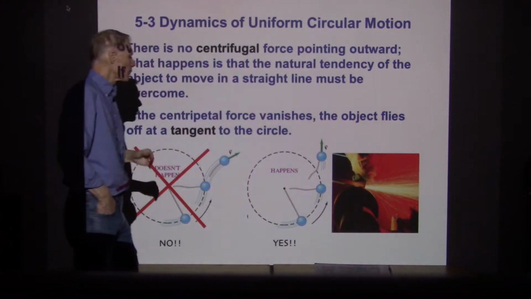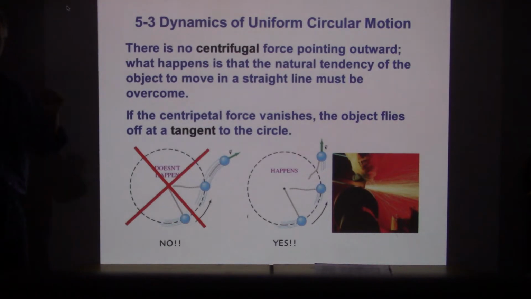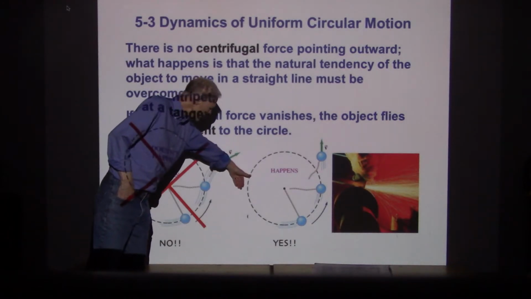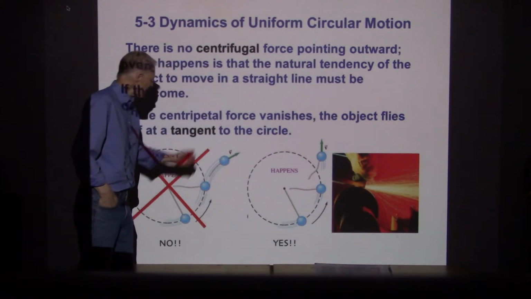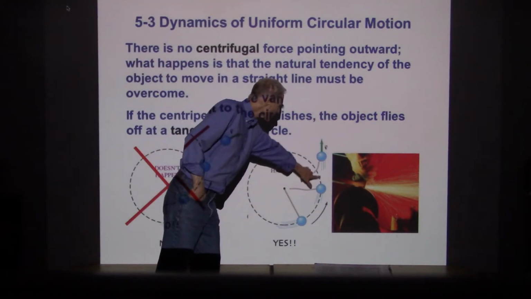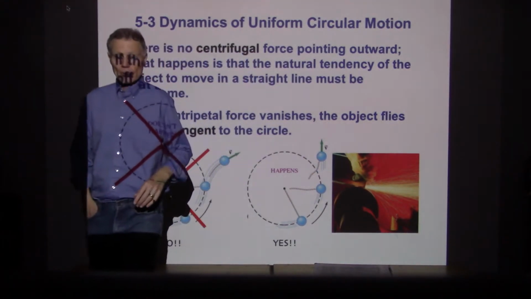You can see the bulk of those are going forward. There's a little bit of side velocity on some of the pieces, depending on how they've separated. But the sparks don't fly outward, so there's not a force pulling something outwards. Instead, there's a force pulling stuff inwards. When that force disappears, the object goes in a straight line.